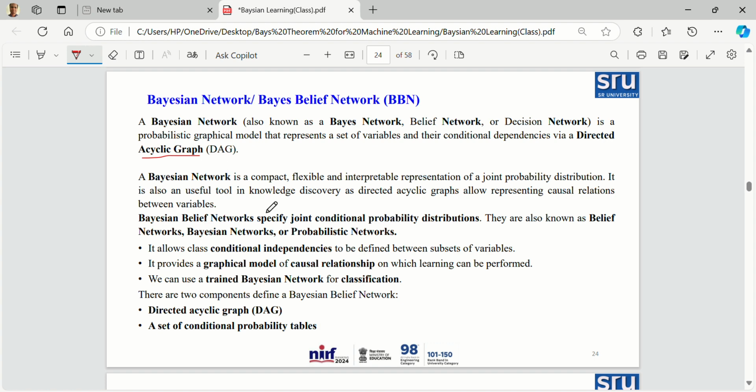A Bayesian network is a compact, flexible, and interpretable representation of joint probability distribution. It is also a useful tool in knowledge discovery, that is, you can identify how they are depending on each other, as a directed acyclic graph allows representing causal relationships between the variables.